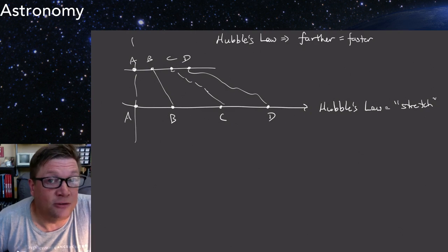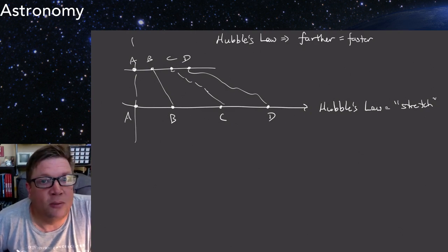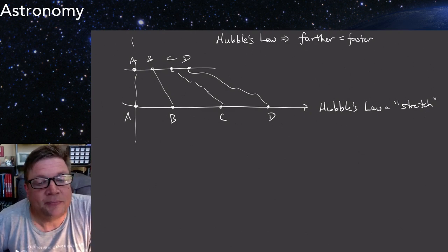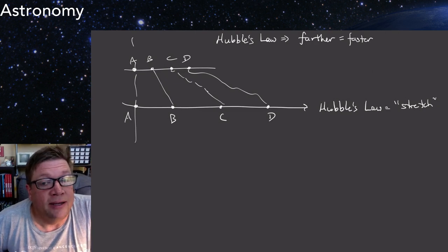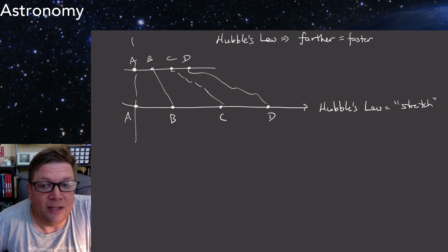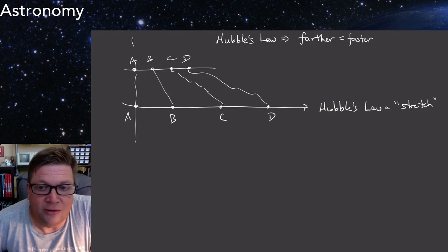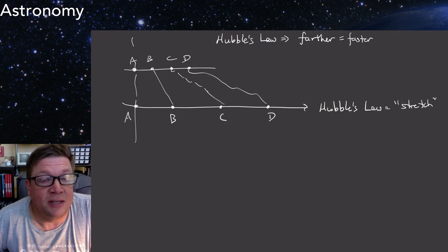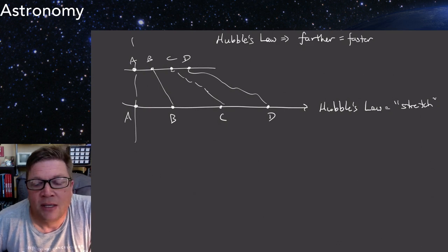If space is stretchy, this is the way it works. A uniform expansion is a stretch. And so viewed this way, it's really not so surprising that things that are far away are moving the fastest, because that's the way uniform expansions work.